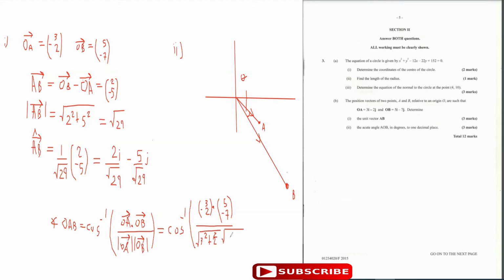Magnitude of vector OB is 5 square plus 7 square. So this is what we're working out.